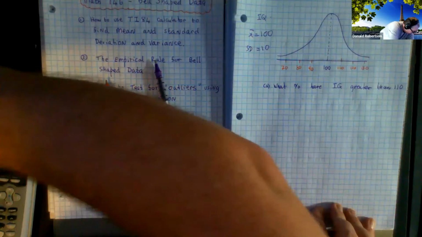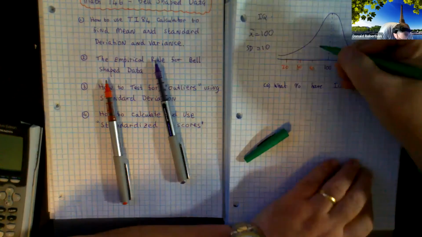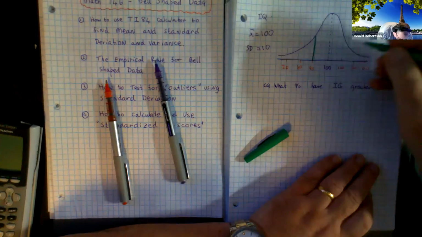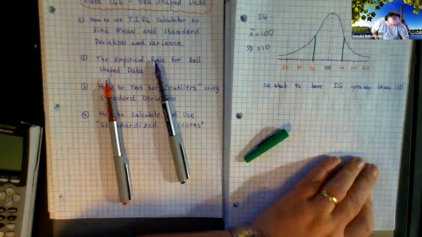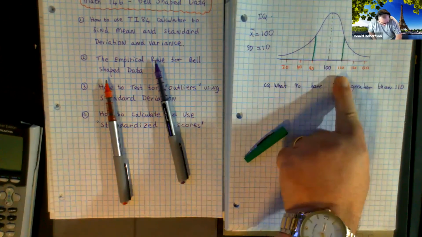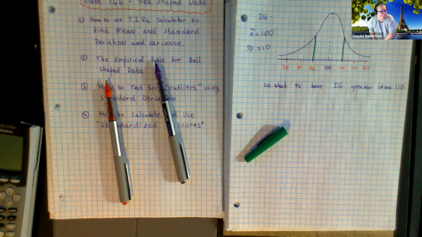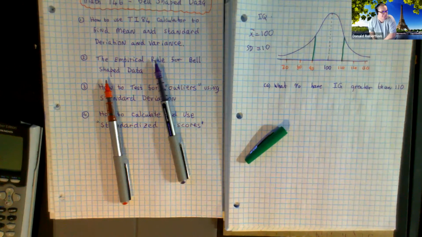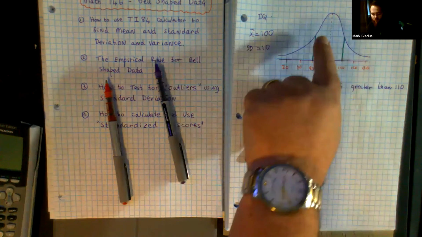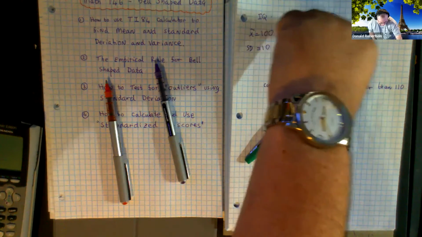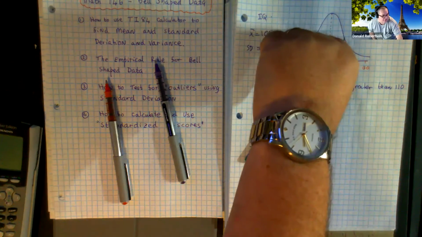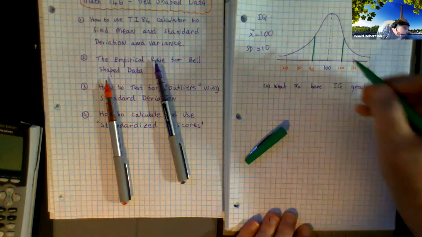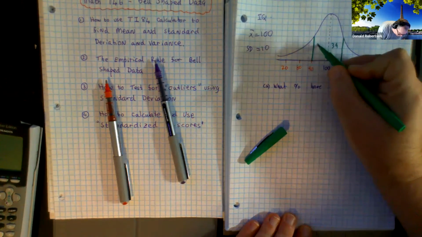Let's choose some colors. You're going to have to be with me because this diagram's going to get really messy really quickly. What percentage of people are between 90 and 110? That we know. What percentage of people are within 1 standard deviation of the mean? 68. Now, would you agree by symmetry that the 68 is both of these added together? Wouldn't that make this one 34 and this one 34?